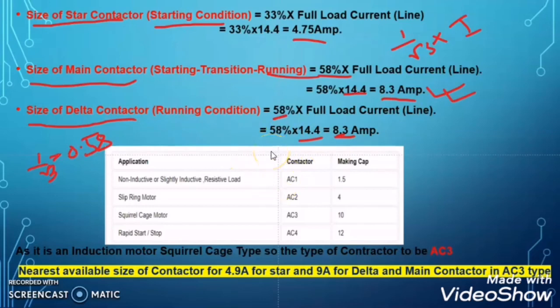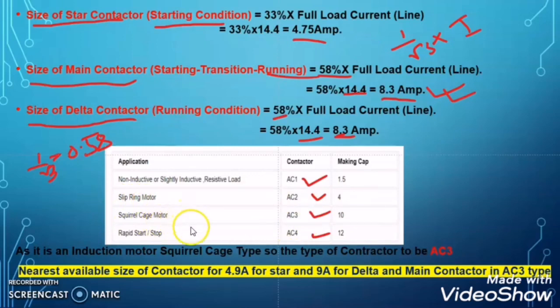Now the contactor has several types, and based on our application we have to select the proper type. There are types AC1, AC2, AC3 and AC4. AC1 is for non-inductive and slightly inductive loads. AC2 is for slip ring motors.